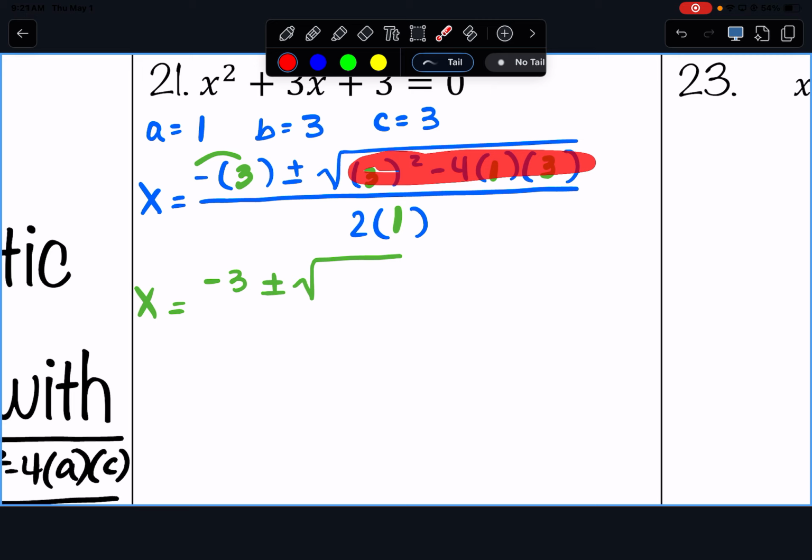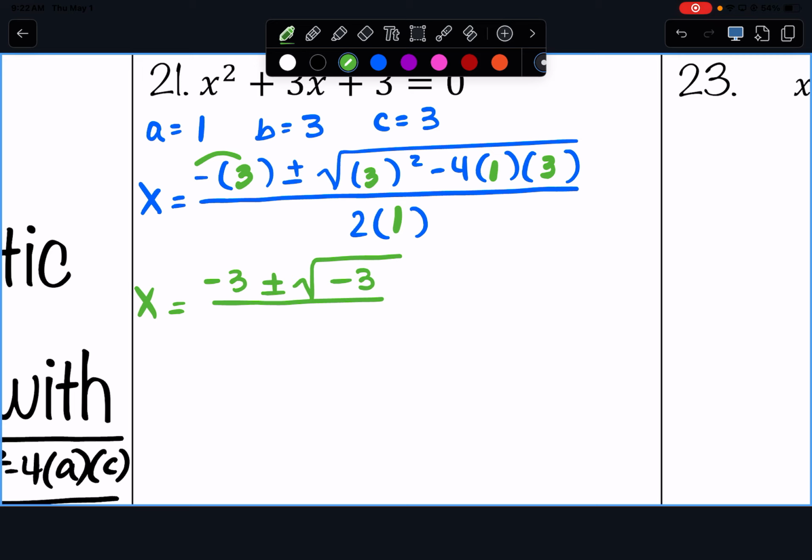If it is negative, it will cause your calculator to error and you have to enter it a second time. So just enter this part all on its own. That part is the discriminant, so enter it by itself. Do b squared minus 4ac into your calculator. And it's what? Negative 3. Divided by 2 times 1 is 2.